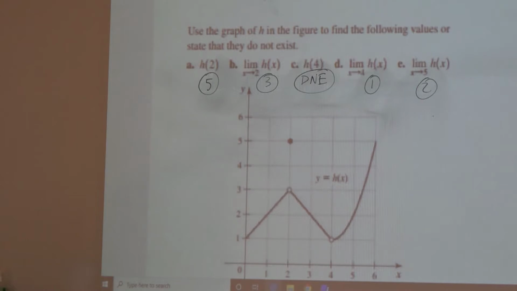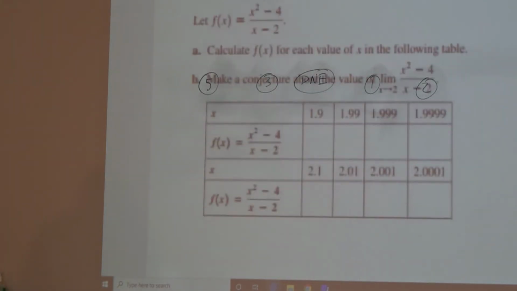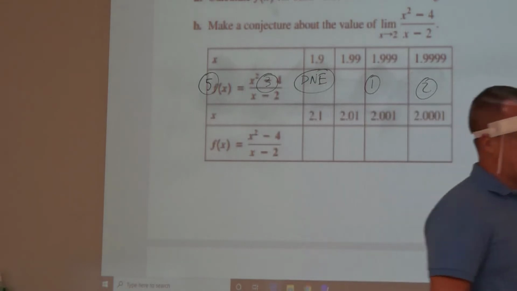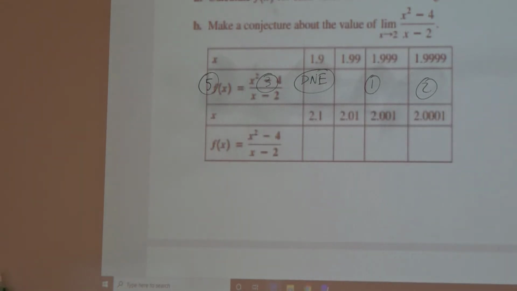Let's do one now where we have a table, and we don't want to do tables much, so we'll just do this one and that'll be it. When you're trying to find a limit on a test, don't start plugging in values.